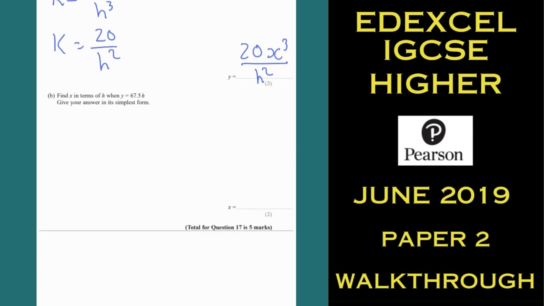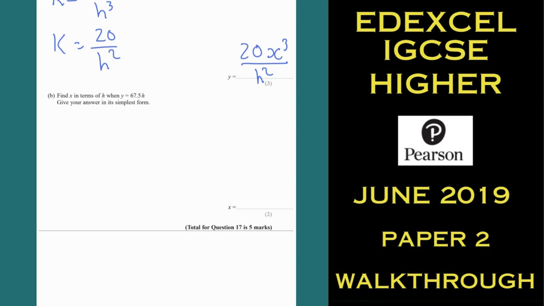Part B, find x in terms of y when h. Again, if it was just numbers, you'd substitute it in. Well, crack on. So find x when y is 67.5.